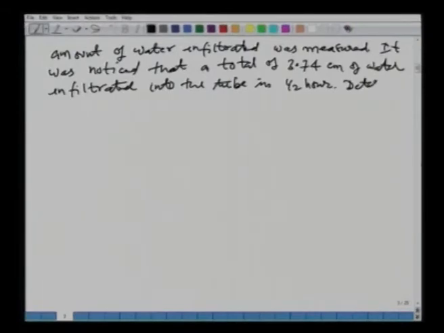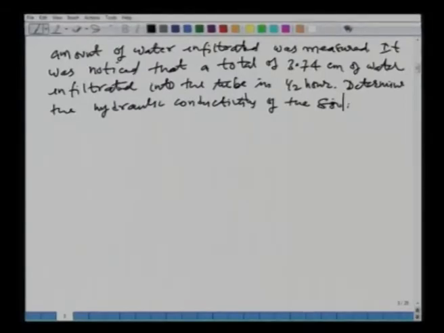So, using this data, your first task is to determine the hydraulic conductivity of the soil. So, this is the first part of this problem.